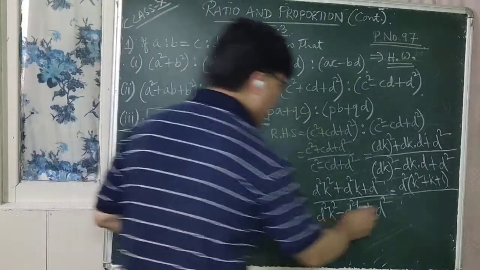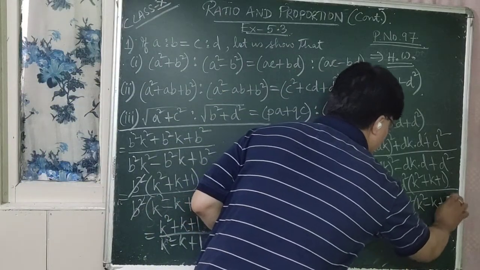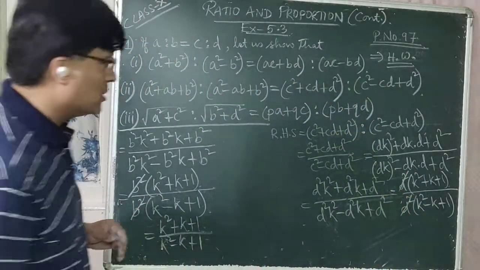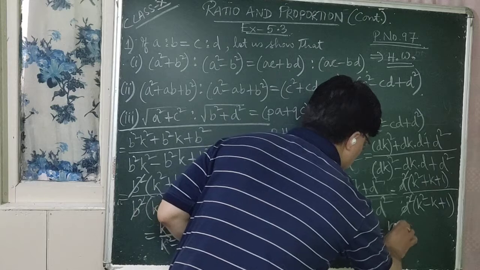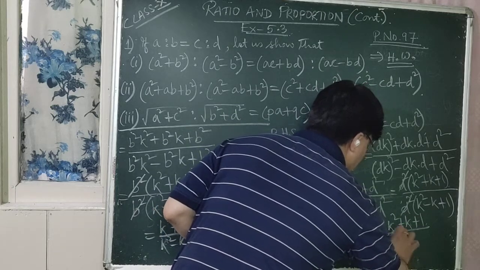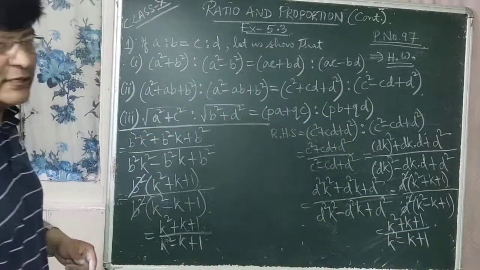It is d square, right? Again d square, so it is k square minus k plus 1. So here d square gets cancelled. So what do we get? That is k square plus k plus 1 divided by k square minus k plus 1. So this is your right hand side.